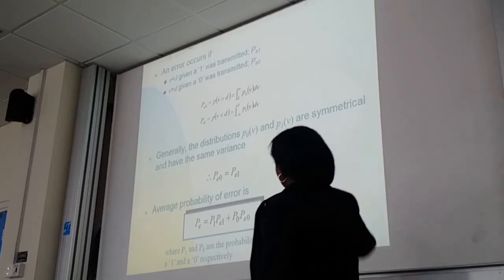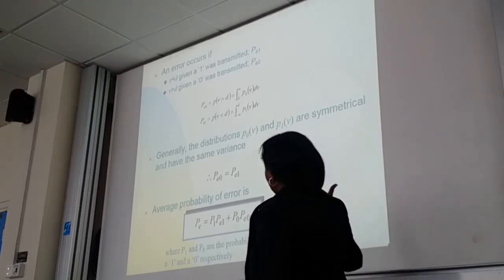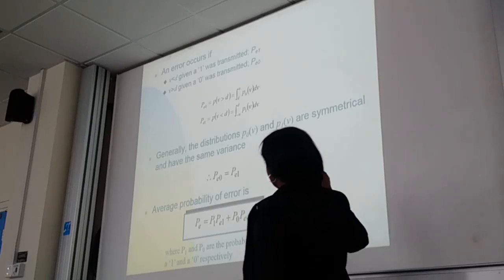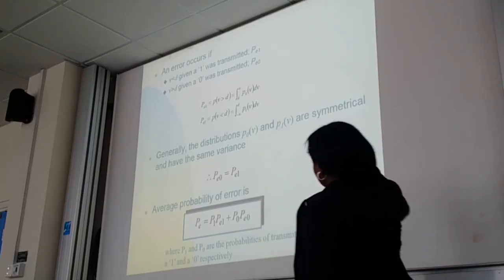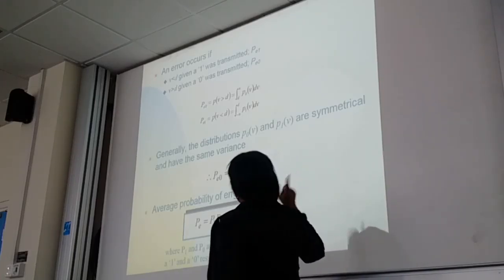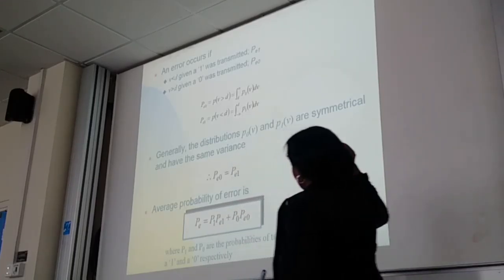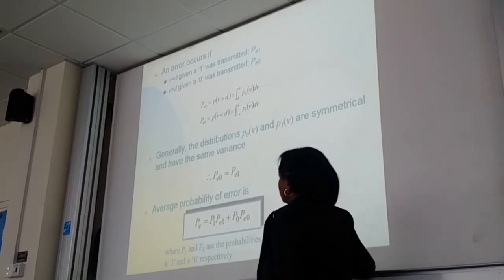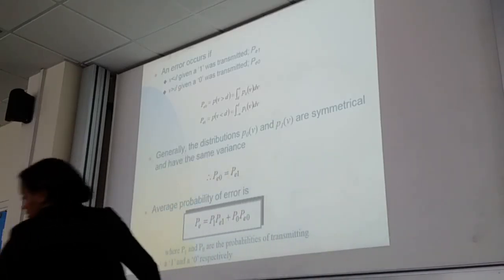So we said the 2 types of errors we have: the false alarm, the error of 0, and the erasure error, the error of 1. Okay, so what is the probability of each error from the figure here?